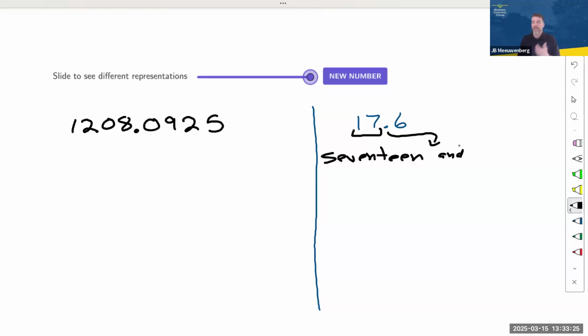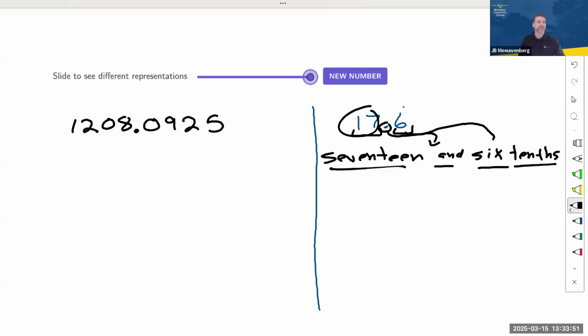That's the only time you ever say the word and in a number, is when there's a decimal point. And then you take whatever number comes after it, the whole line of decimals, and you would say that as 6, and then whatever place value the last digit is in, 6/10. This is how we read this decimal in words: 17 and 6/10.